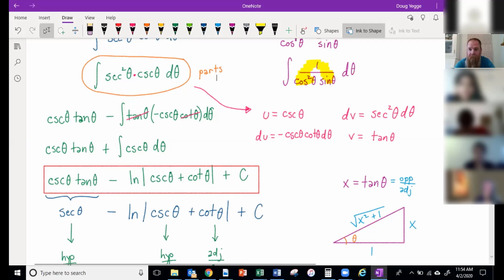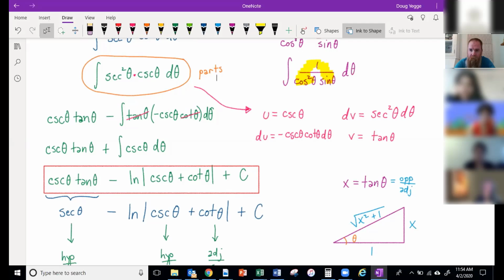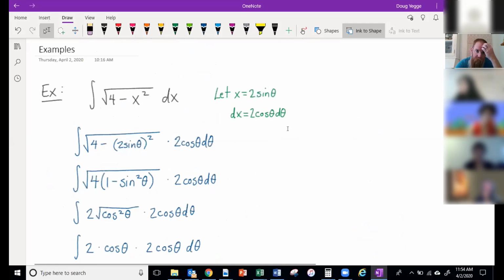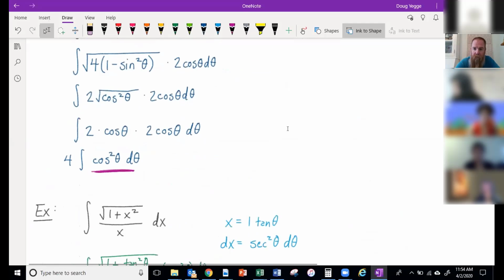Okay. So then I have a question about the first example that we went over, which was 4 minus 2 square root of 4 minus x squared. Would we be going back to the triangle and going back to make our final answer in terms of x's as well? Yes, that's a great question.